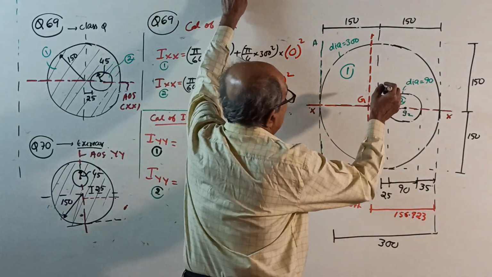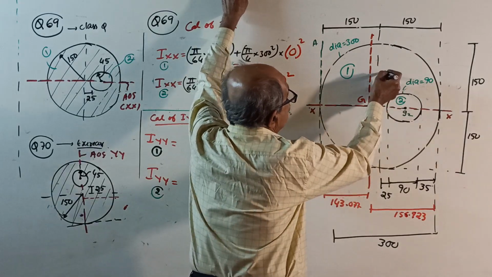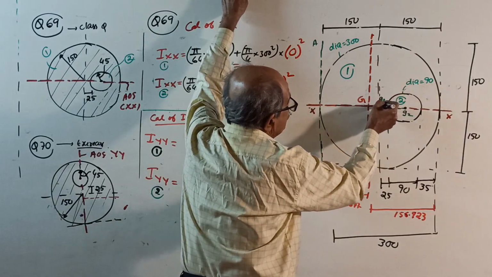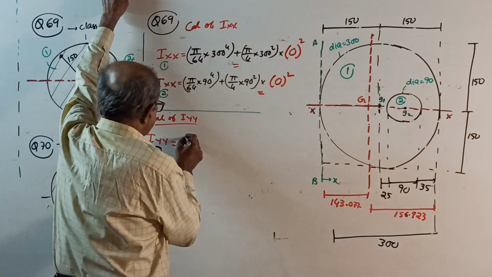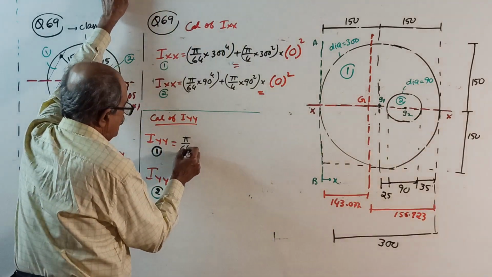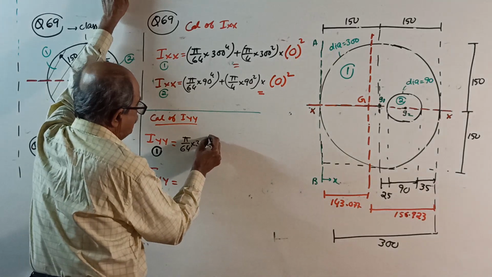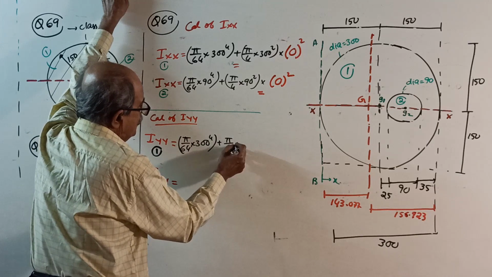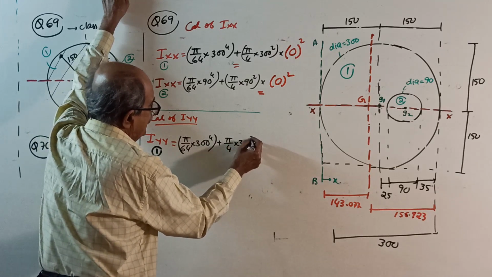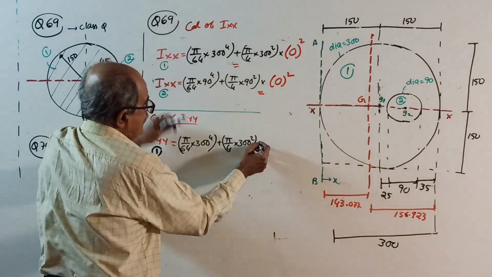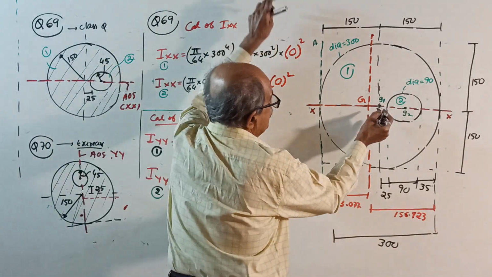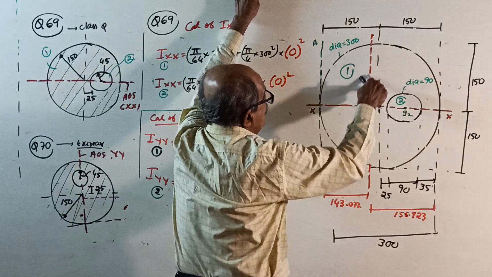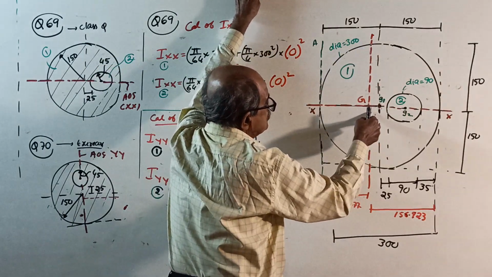Start IYY. See, come to centroid. First about its own centroidal axis. Pi by 64 of 300 power 4 plus area, pi by 4 of 300 square, into from centroid G1 to YY, see this distance square.